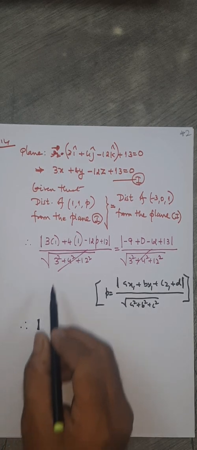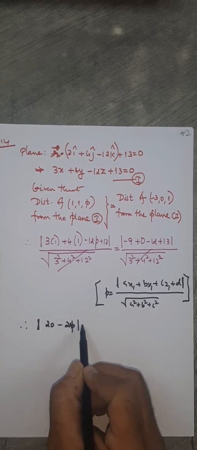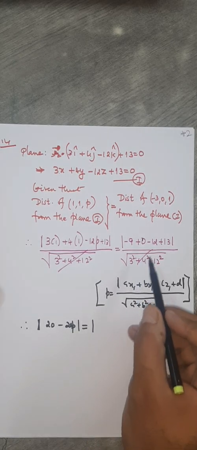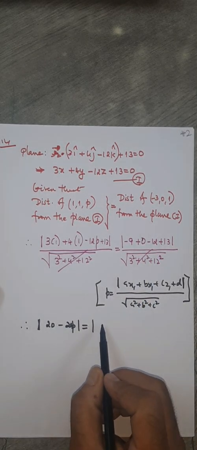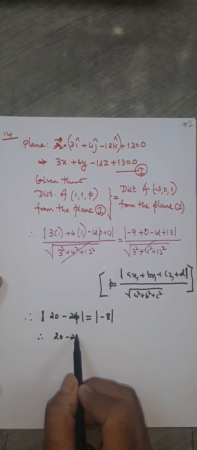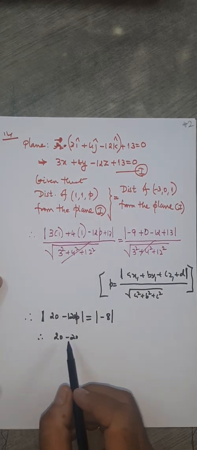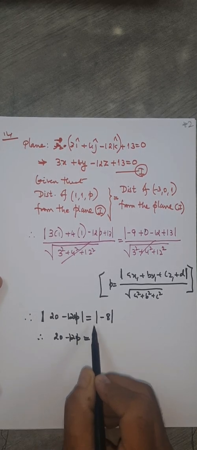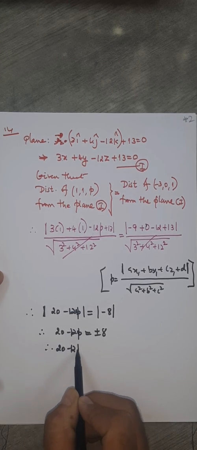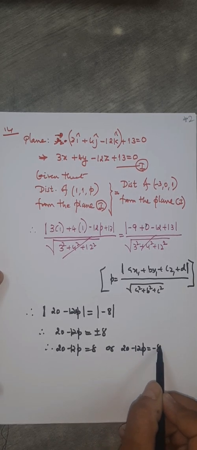So here the numerator expression is 20 minus 20p, equals to, this is 0, or here you will get just how much? Minus 8. So therefore 20 minus 12p, sorry, this is 12p, equals to plus or minus 8. So 20 minus 12p equals 8, or 20 minus 12p equals minus 8.